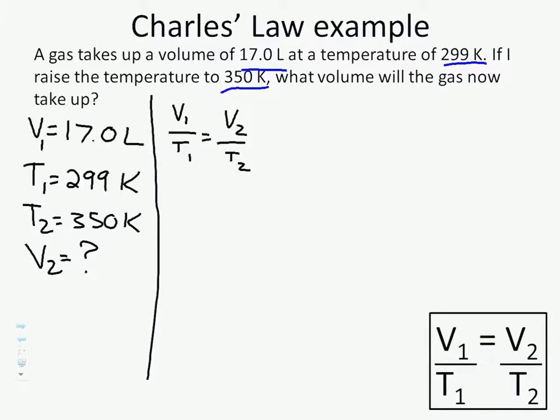In order to get V2 by itself, I need to multiply both sides by T2. If you need a math review at this point, please figure out how to do this math before proceeding much further past these gas laws. So T2 times V1 over T1 equals V2.